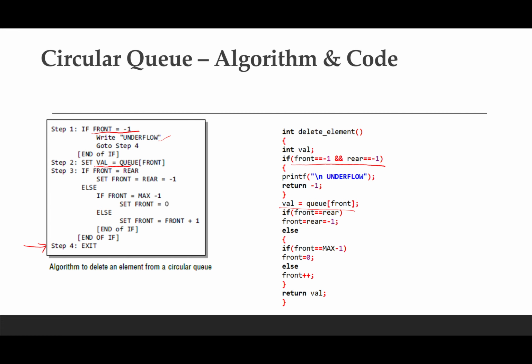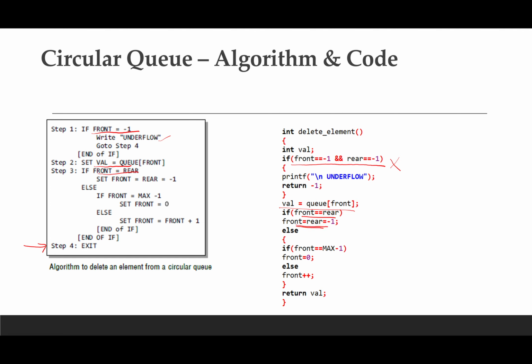If this condition is false, the queue is not empty. So we are assigning the front position value to the variable VAL. After that we have to check the condition front is equal to rear. If front is equal to rear, it means in the last position the value is available. So we are removing that and we are making the front and rear value -1.